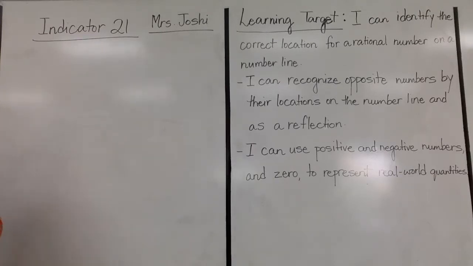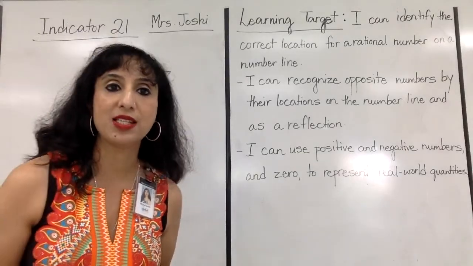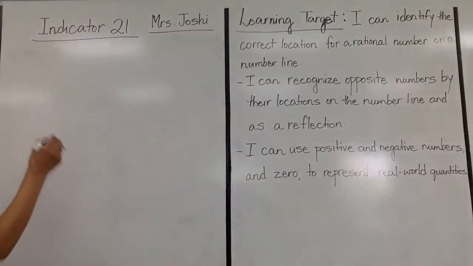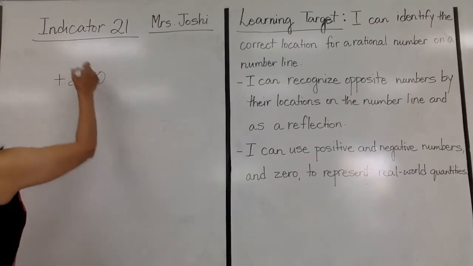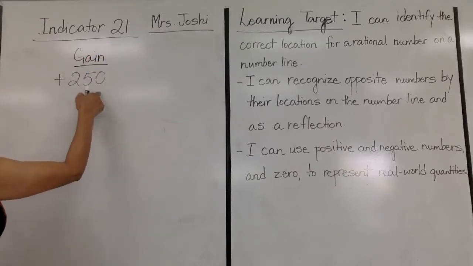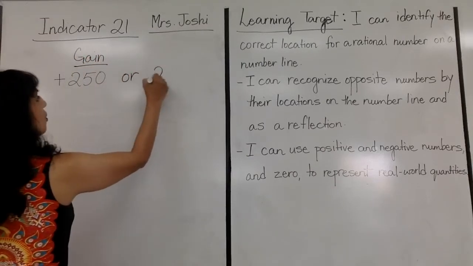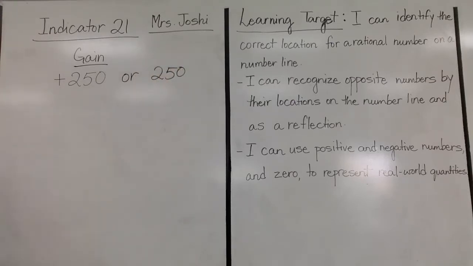So if it says a contestant gains 250 points on a game show, write a positive or negative integer that represents the situation. So you could write positive 250 because that is a gain. You can write it like this, or if you just wrote 250, that also means a positive integer.